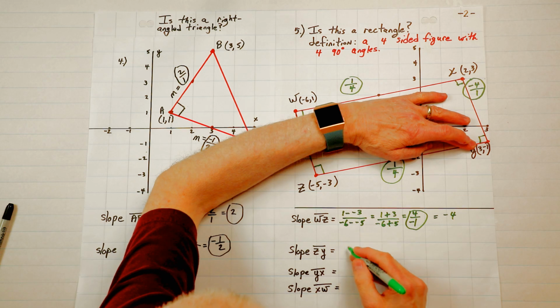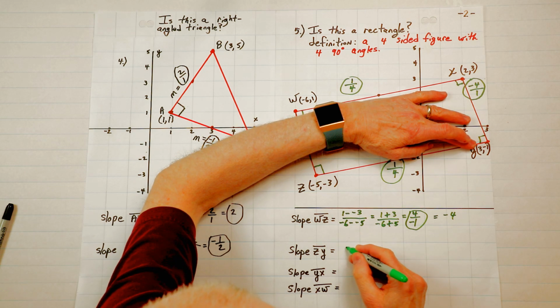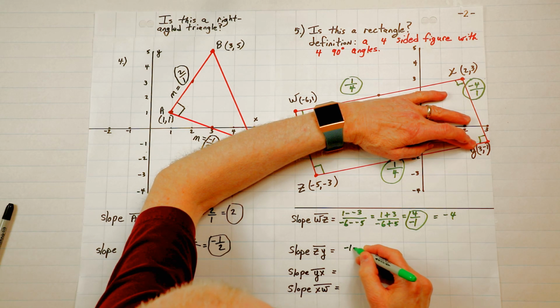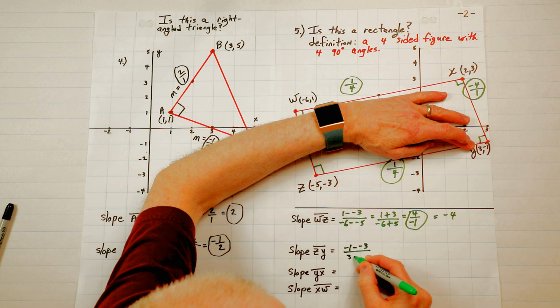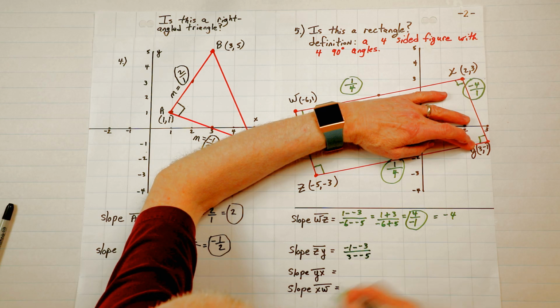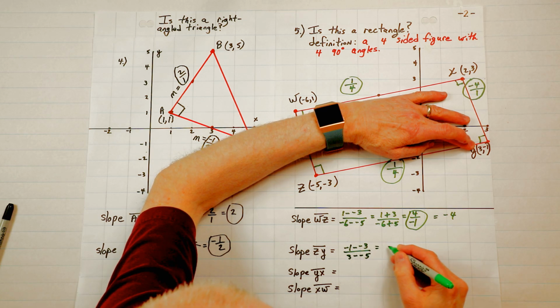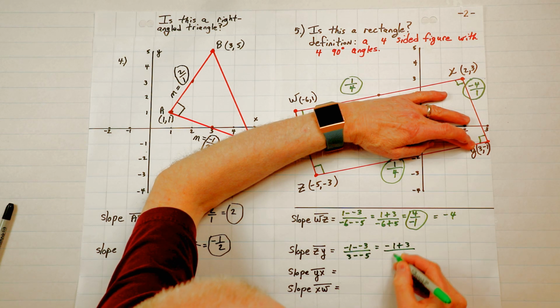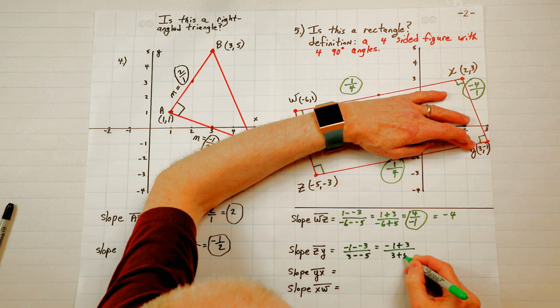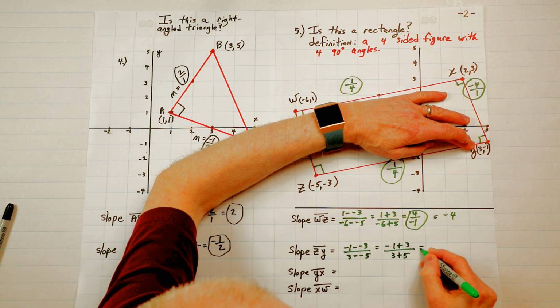Okay, so for ZY, for my numerator, negative 1, subtract negative 3. And for my denominator, 3 subtract negative 5. That gives me negative 1 plus 3 over 3 plus 5, which equals 2 over 8.